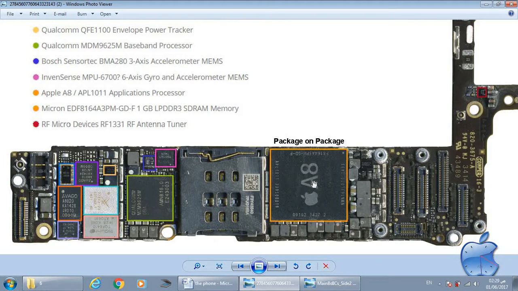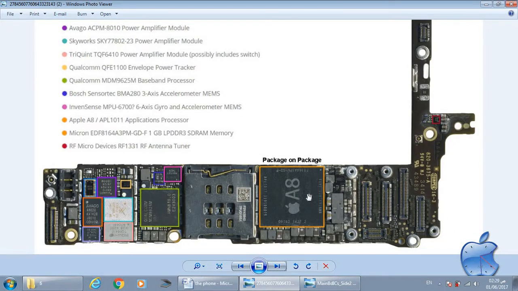This IC is the CPU IC, and you will find the Apple logo, the letter A, and a number according to the iPhone, because this number differs from one iPhone to another.